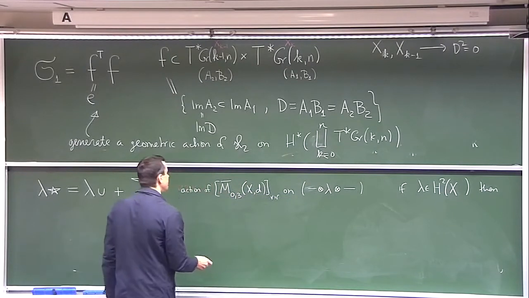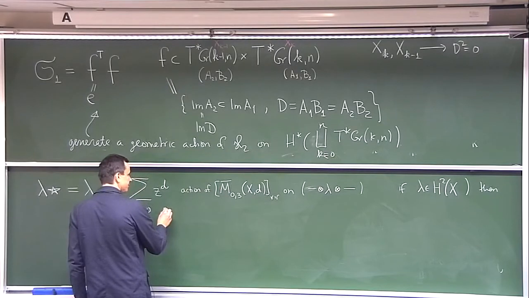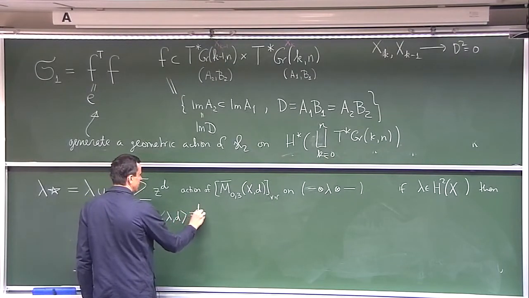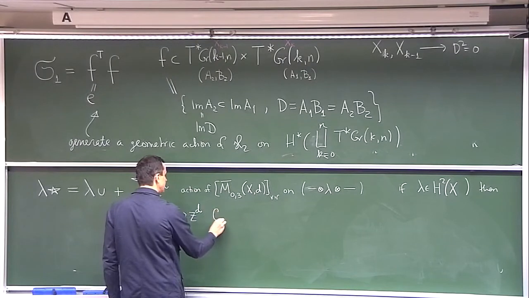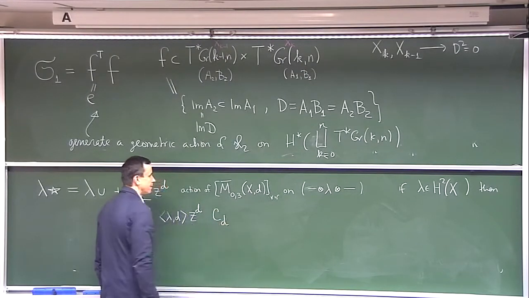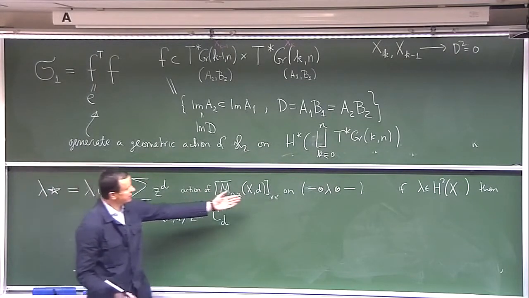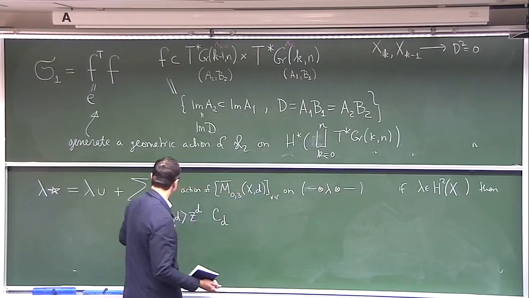So what you get is that you pair lambda with d, take z to the d, and you take the action divided by c d. You forget one of the marked points, if you put in a divisor, at the expense of this.